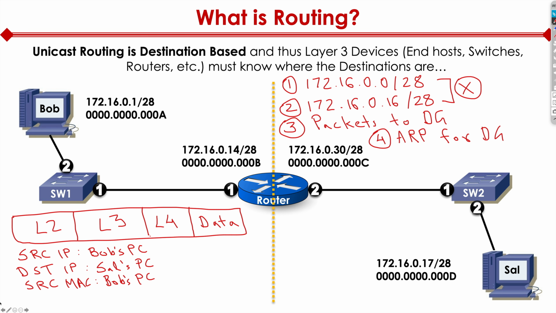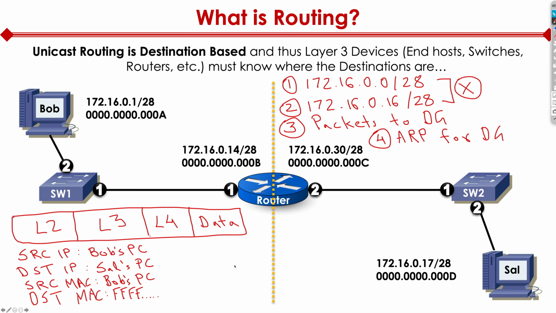And the destination MAC is going to be set to what? All Fs, right? Because we just finished talking about ARP. So initially it's all Fs, which is a layer 2 broadcast. And it's sent out to all the hosts on the same VLAN or all the hosts on the same subnet at layer 3. Everybody gets it.